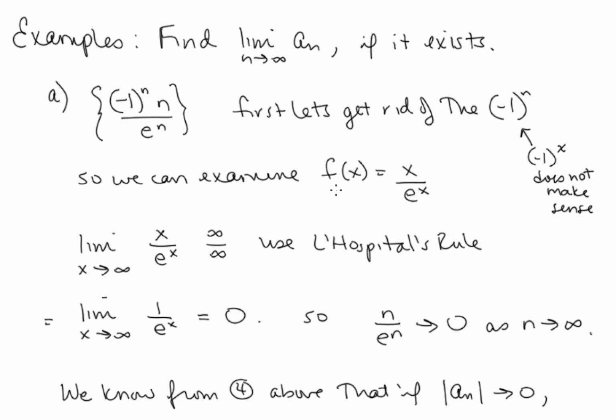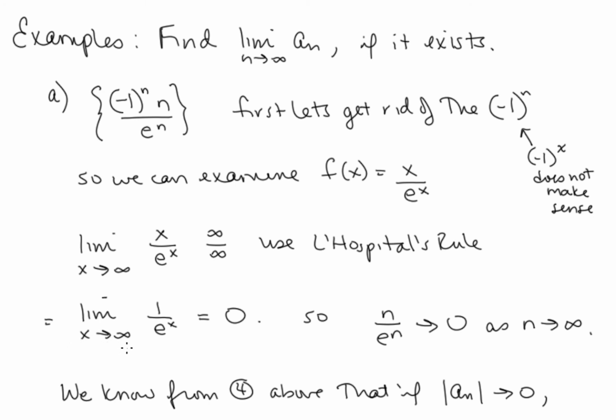So we take a look at f of x equals x over e to the x, and think about this as a function and whether the limit exists as x goes to infinity. The limit as x goes to infinity of x over e to the x would give us infinity over infinity. So we realize we can use L'Hopital's rule here.